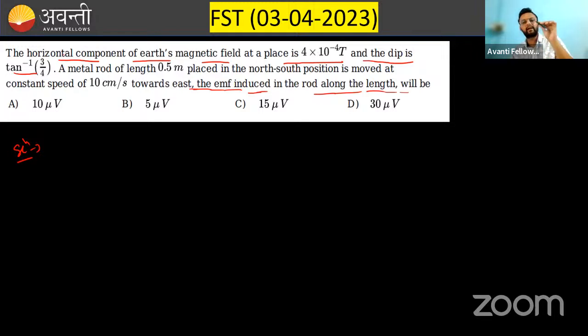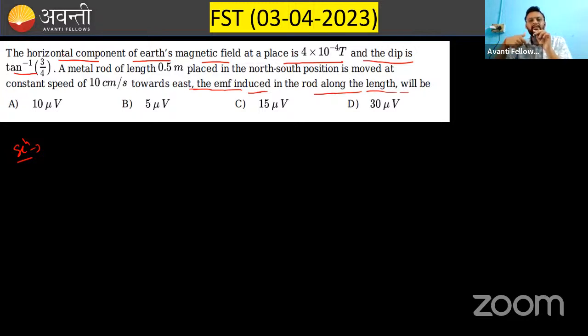So actually the Earth's magnetic field, if you can see the pen here, if I remove the blur, you can see that Earth's magnetic field is tilted from the horizontal, in downward direction. This angle is known as angle of dip. If the Earth's magnetic field is tipped by some angle, then its horizontal component is known as horizontal component of Earth's magnetic field, and vertical this one.